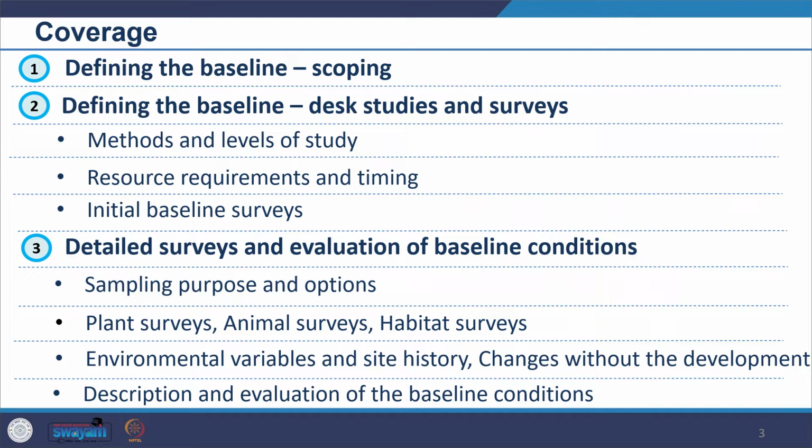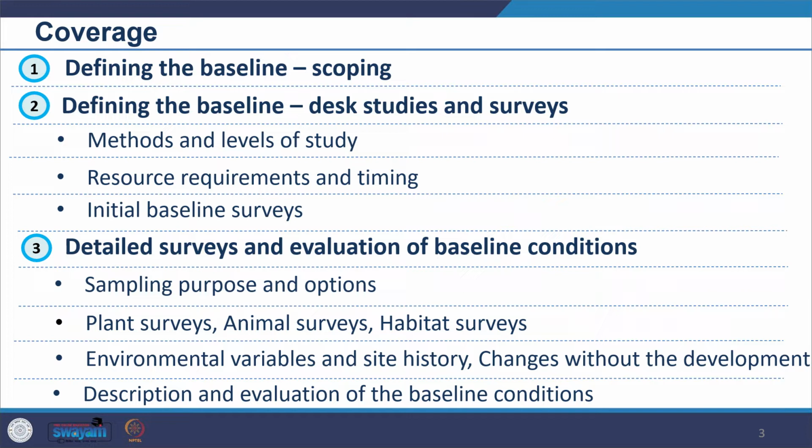Then we'll look into the detailed survey and evaluation of baseline conditions. So what kind of sampling has to be done, what options are available, and what's the purpose of sampling. And then we'll look at various kinds of surveys one has to undertake for plants, animal, and habitat survey.